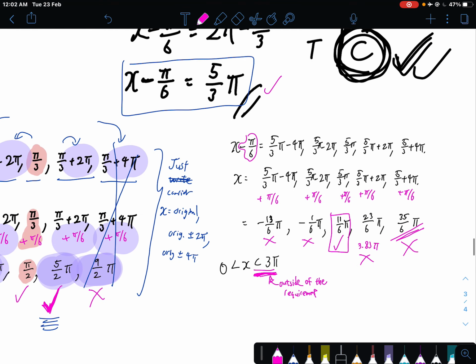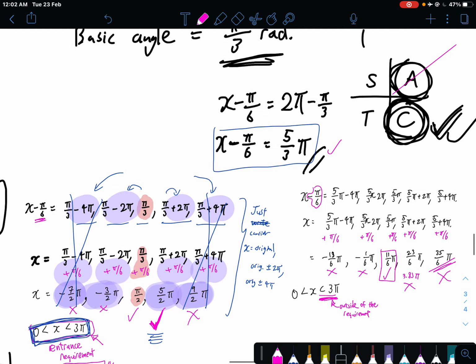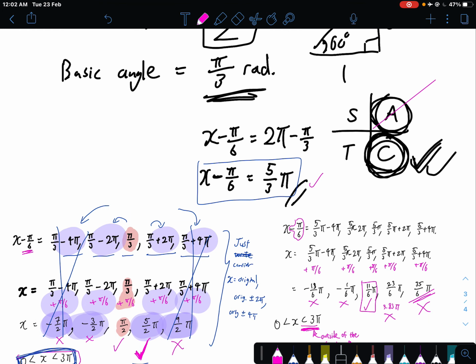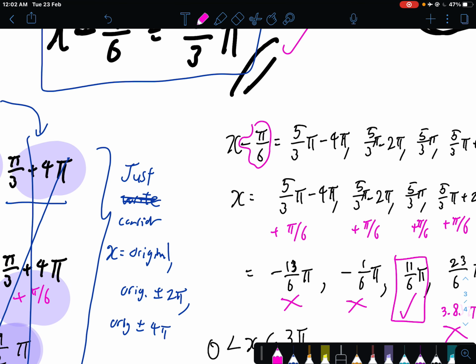And one more point to take note about this plus minus 2 pi, plus minus 4 pi thing. You should only do it at this step over here, before you go and do any manipulation to this entire block. What do I mean?